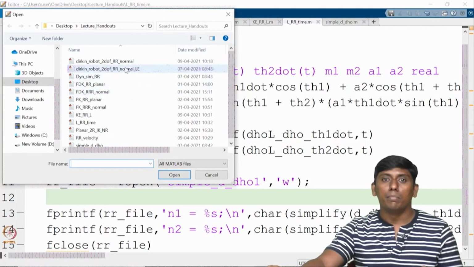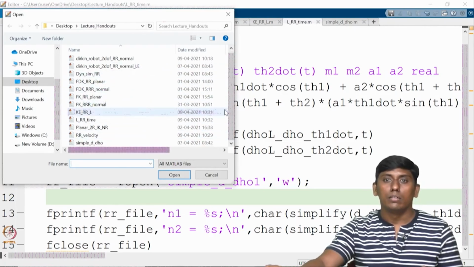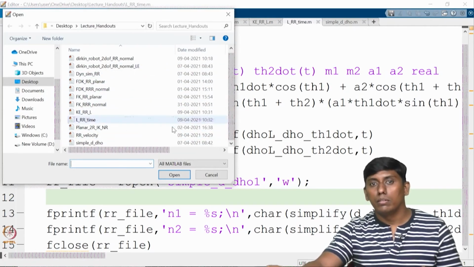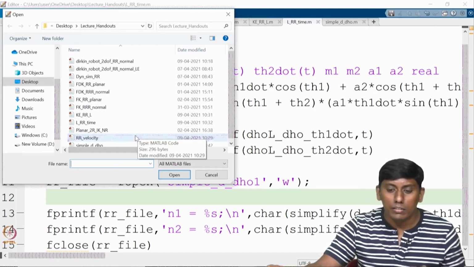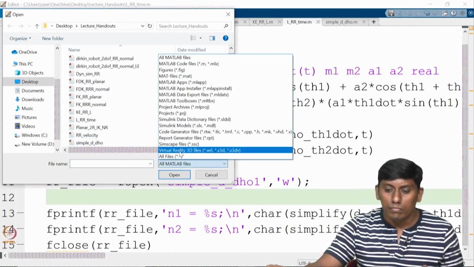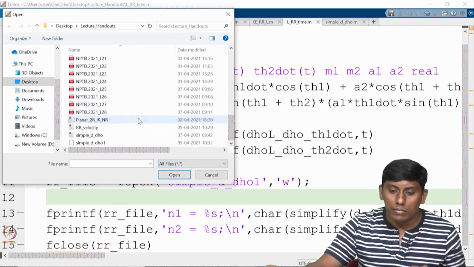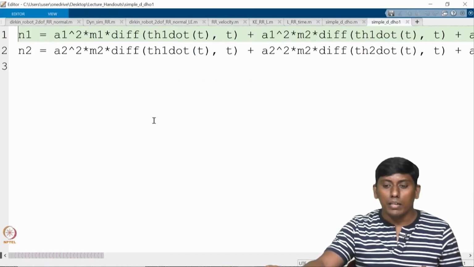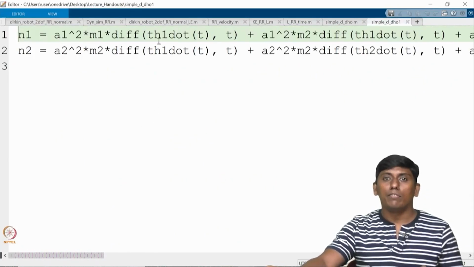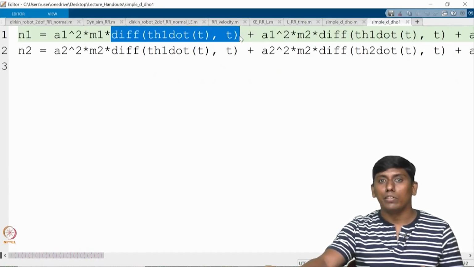I hope simple, so I can see that is all file. You can see, right. So now this has a difference command, because we have taken time differentiation.